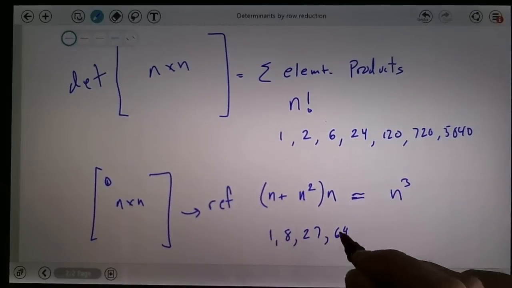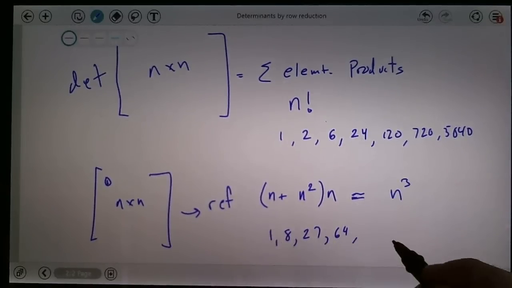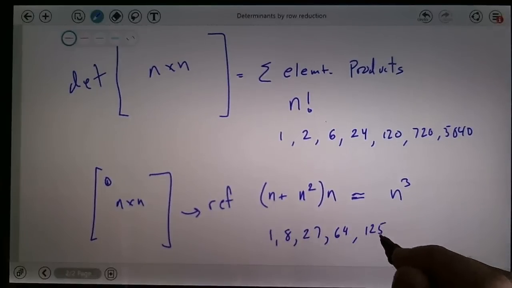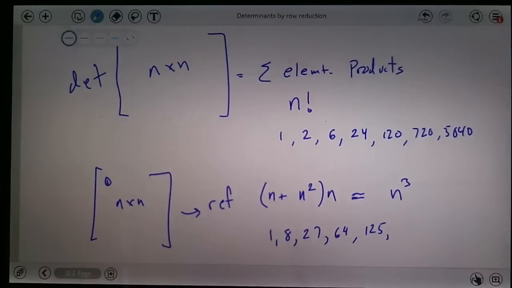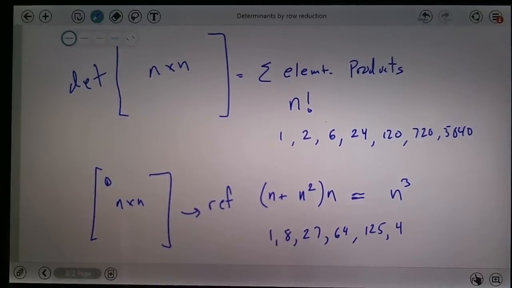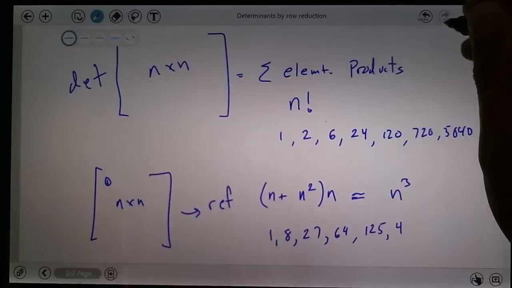So still we're better off with this one on a 4 by 4. 5 cubed is 125. Well, that's still better there, I guess, right? 6 cubed is, oh, sorry, I wanted 6 cubed, which is 216.